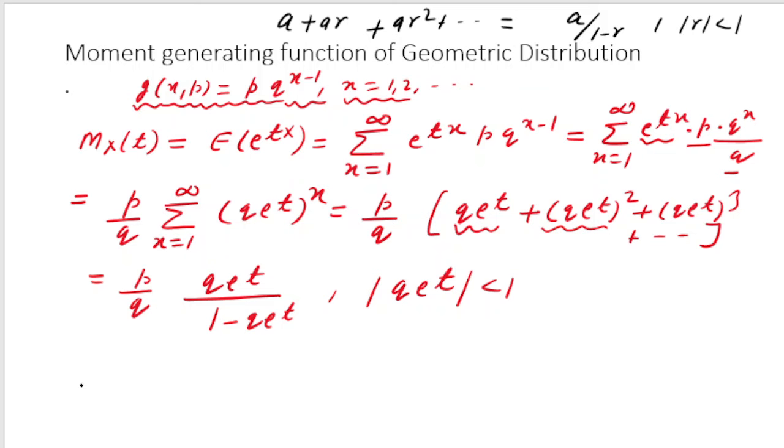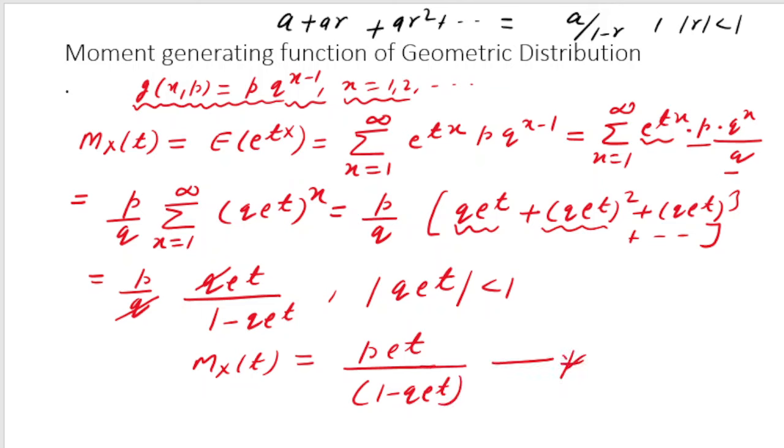So we have got the M_X(t). If you see, this q term and this q term cancel, so we are getting p e^t divided by 1 minus q e^t. So this is the first thing, the moment generating function for the geometric distribution, we have got it.